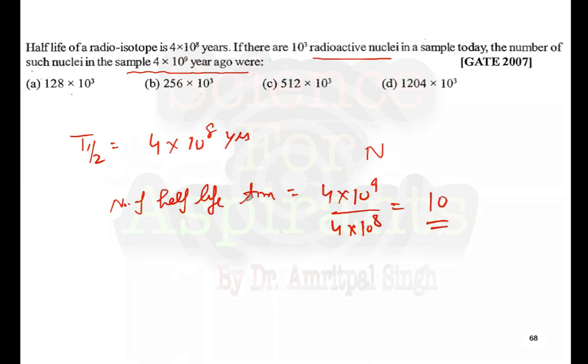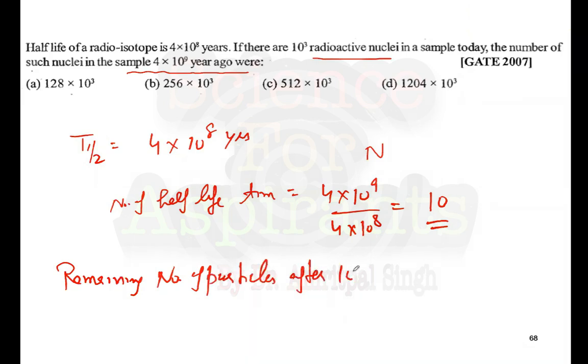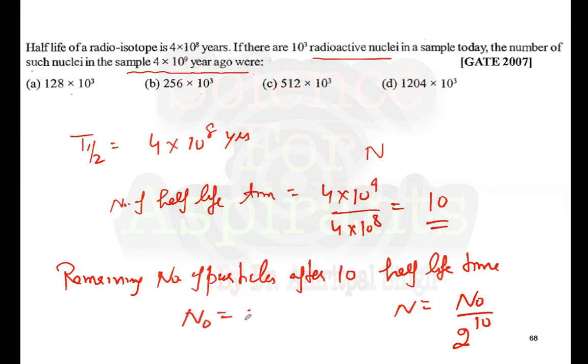So there will be 10 half-lives in this time. So the remaining number of particles after 10 half-lives, N will be equal to N naught over 2^10, and you can find that N naught is N into 2^10, which is of the order of 1024 into 10^3.